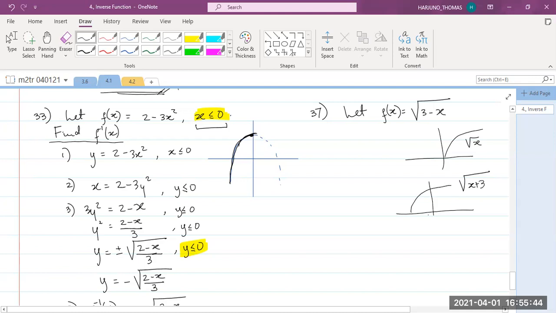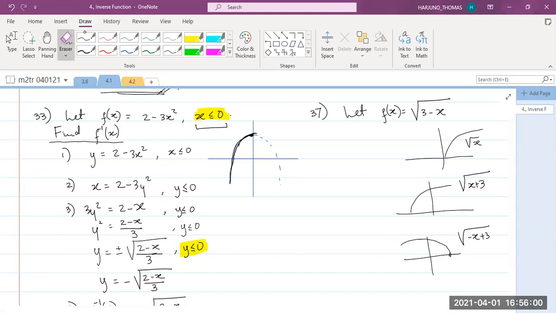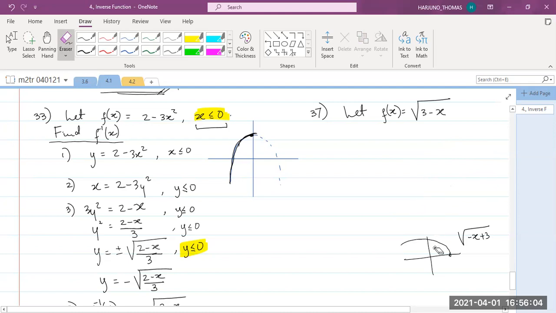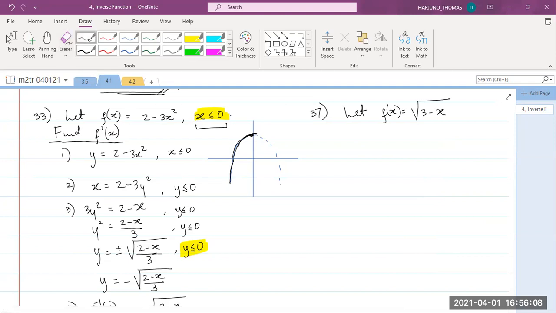It is still one-to-one. And then replacing x by negative x, that's a reflection with respect to the y-axis. So it is still one-to-one. So this function is one-to-one. So the inverse function must exist, right? The inverse must be a function and is supposed to be one-to-one.